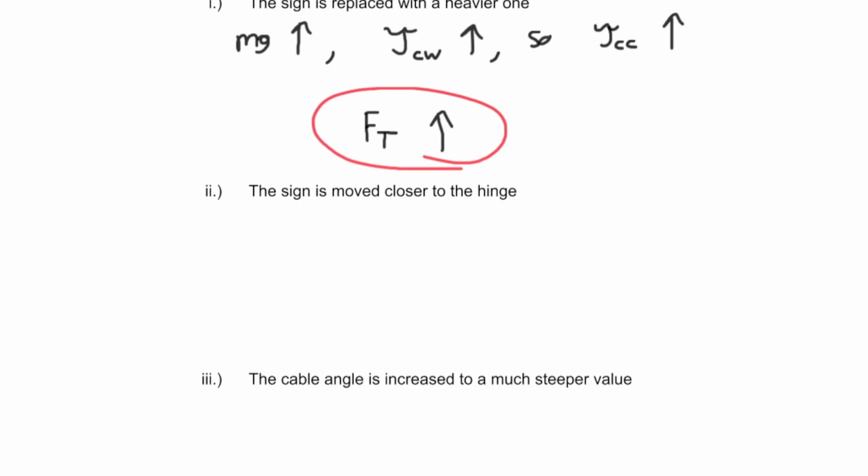Now the sign is moving closer to the hinge. Well, the fact that everything's still perpendicular means that it's still just going to be force times distance. So what's happening is you're getting a shorter lever arm in this problem. So that lowers the torque it generates, meaning the counterclockwise torque to balance it also has to lower, so tension must lower.